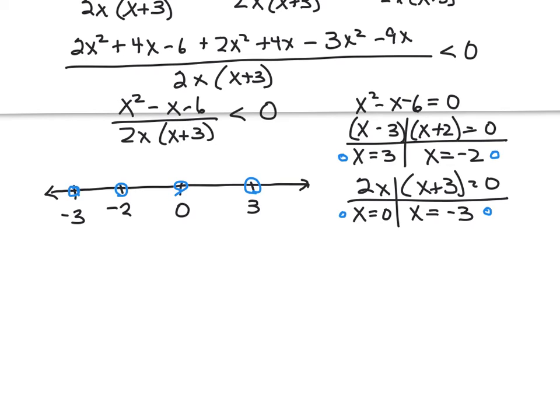Now we want to go back and test in this expression. For the numerator, I would probably use the factored expression to decide whether I've got positive or negative. I am looking for a negative value on my rational expression. So let's go ahead and pick negative 4.